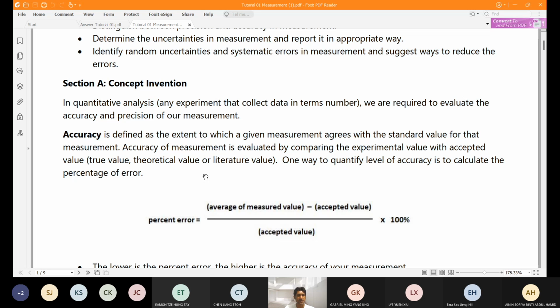So we will be doing many experiments, and if all those results or data we are getting are in a very precise place, then we call it precision.